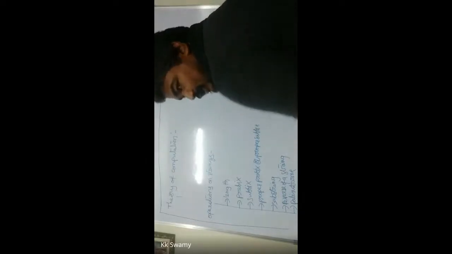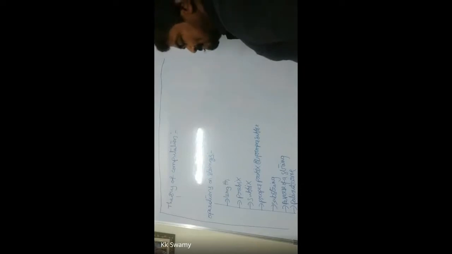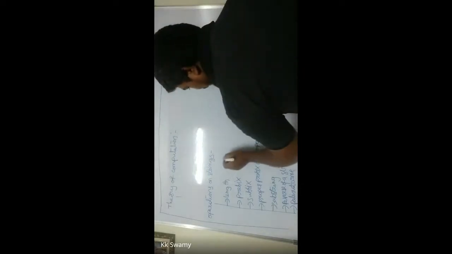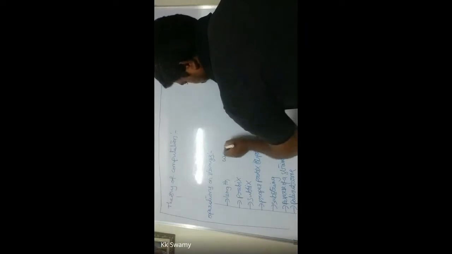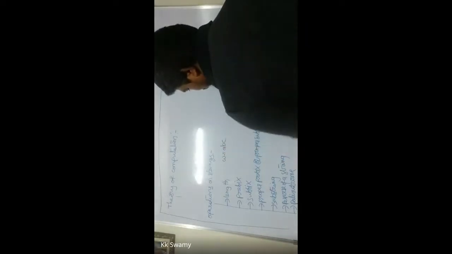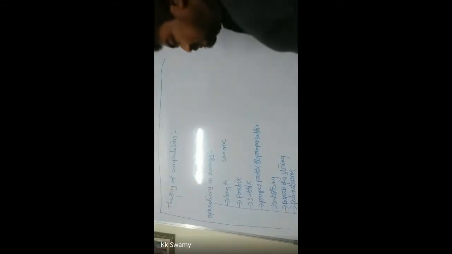So what is the prefix? The leading symbols of the string are called the prefix of a string. Suppose W equals ABC. Then what about the prefixes of the string? All of you please remember this: epsilon is a prefix, suffix and substring for every string.